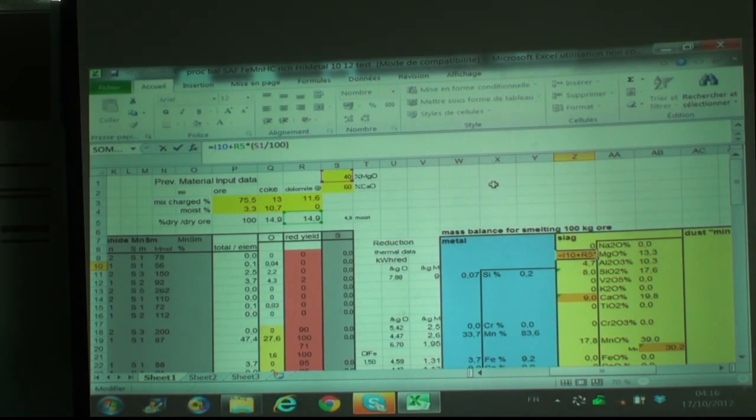Okay? The same for CaO. There is no CaO in the ore, but there is CaO coming from the dolomite as well. Okay?